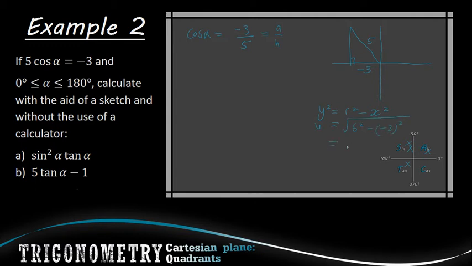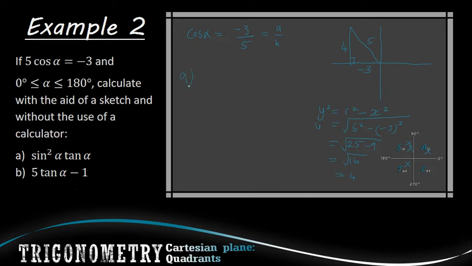That's equal to 25 minus 9, which is 16, which is equal to 4. So this is then equal to 4. And then I can solve for my other values.